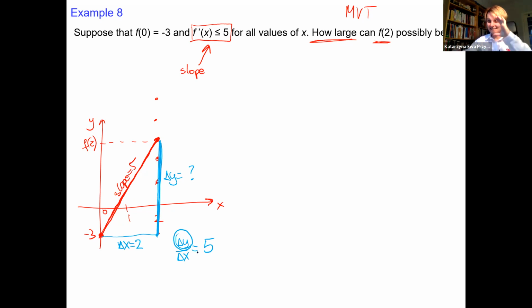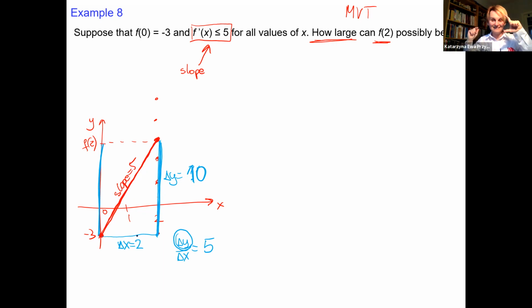That means the rise, the distance between -3 and f of 2, must be 10. This is 10, because 10 divided by 2 gives me the slope. If this distance is 10 and we're starting 3 units below the x-axis, how far can we rise above the x-axis? The blue vertical line segment must be 10.